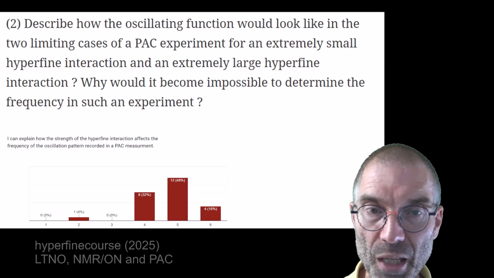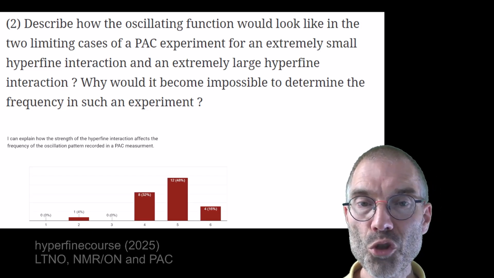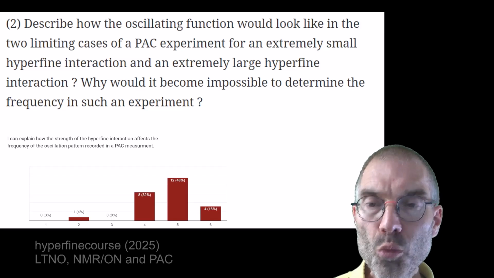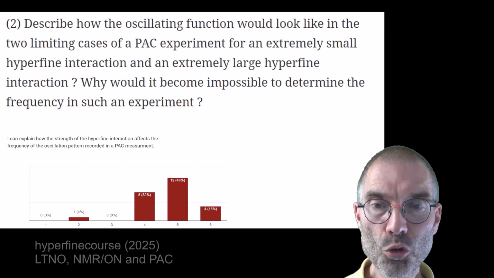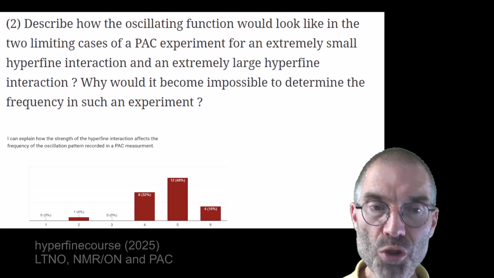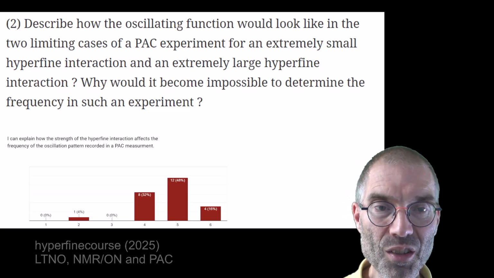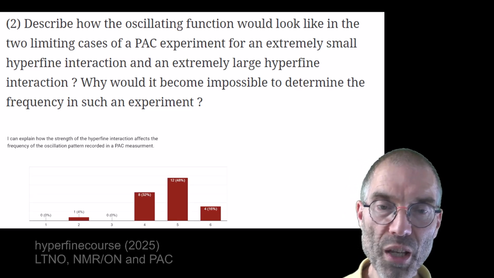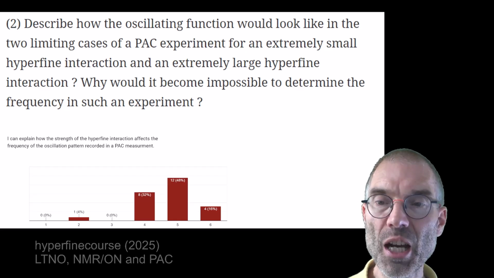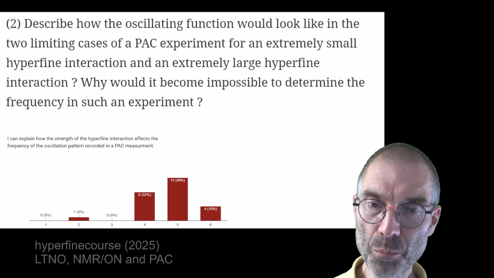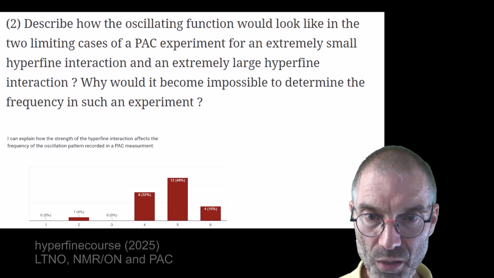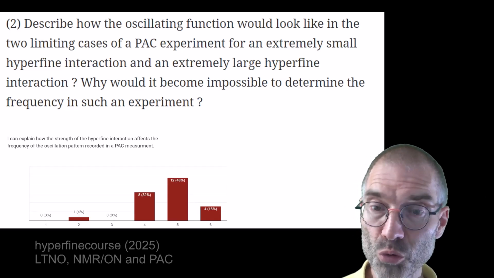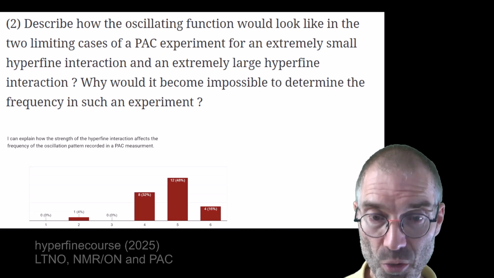So in the experiment you have that oscillating function, and I asked you how that function would look in the two limiting cases where you use PAC to detect a very small hyperfine interaction and one where you want to detect a very large hyperfine interaction. In both cases the experiment will become not sensitive anymore, but for two different reasons. Why? How?